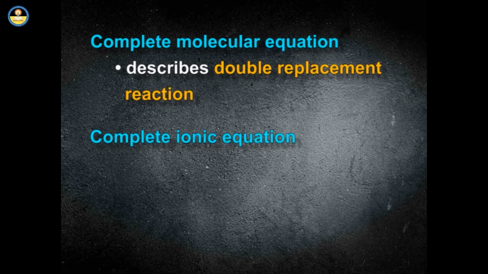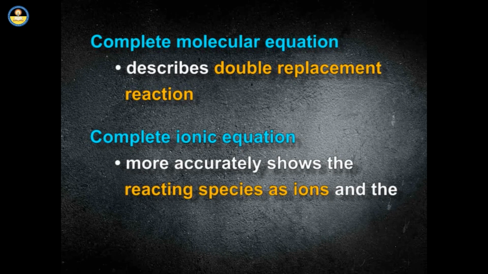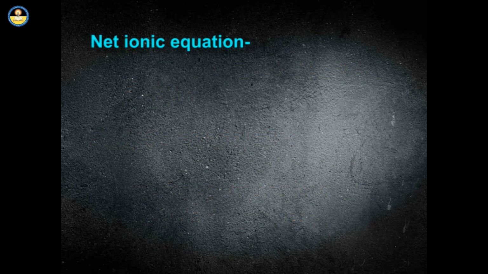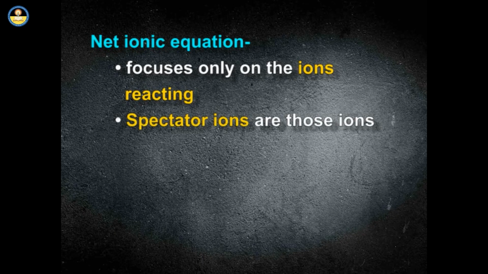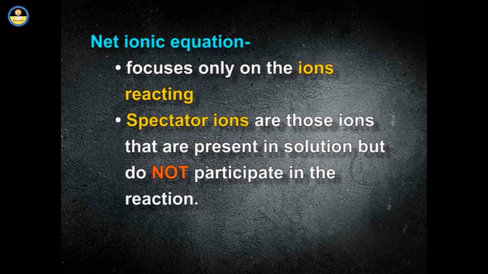Complete ionic equation more accurately shows the reacting species as ions and the products either as ions or a precipitate. Net ionic equation focuses only on the ions reacting. Spectator ions are those ions that are present in solution but do not participate in the reaction.